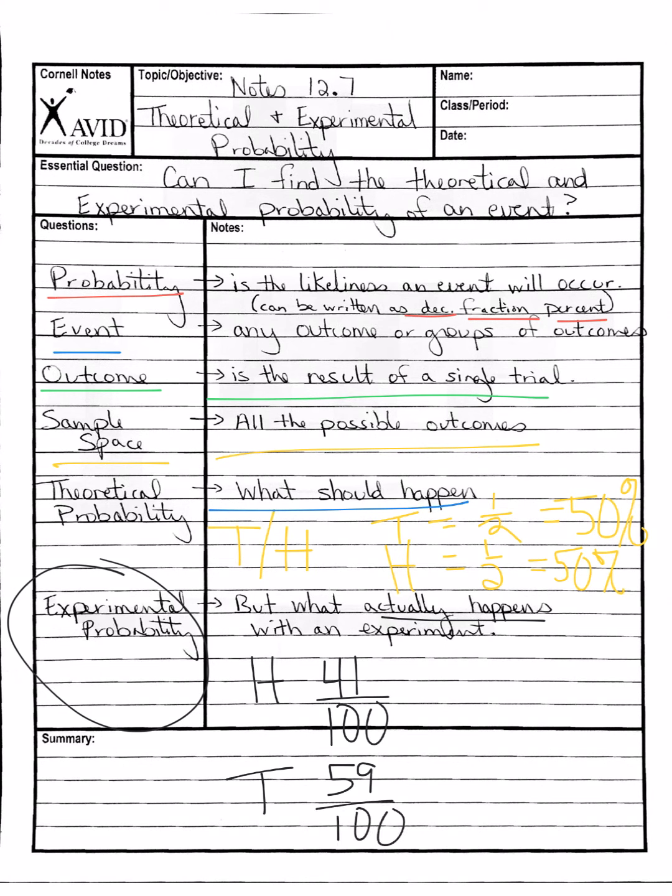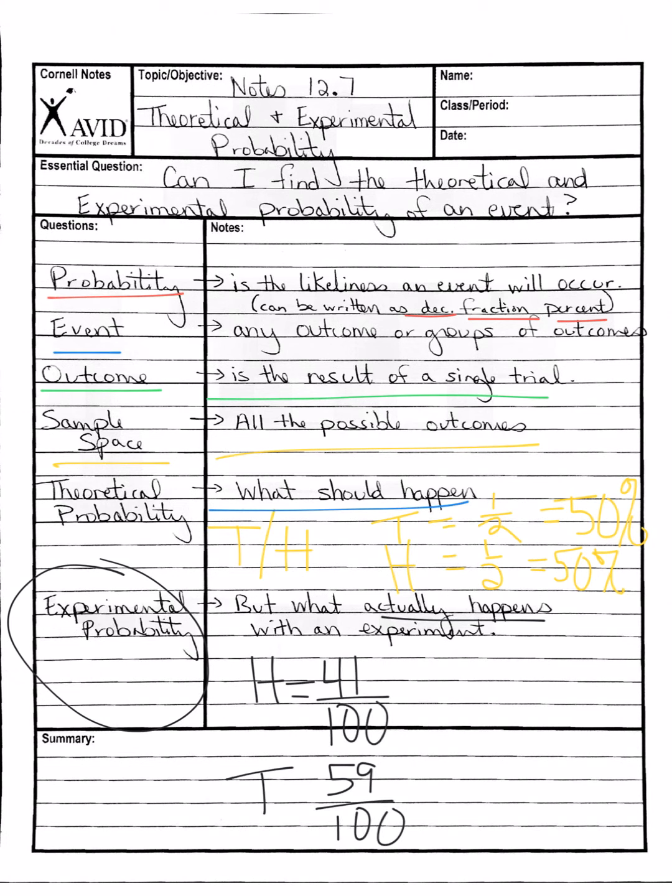Experimental probability is what actually happened. So we flipped the coin 100 times, and what we got was 41% of the time it was heads, and 59% of the time it was tails. So that's the difference between theoretical and experimental. Theoretical is what should happen. Experimental is what does happen when you actually do the experiment.